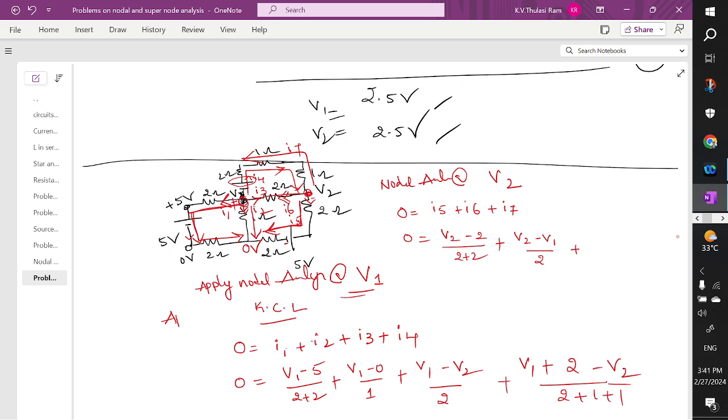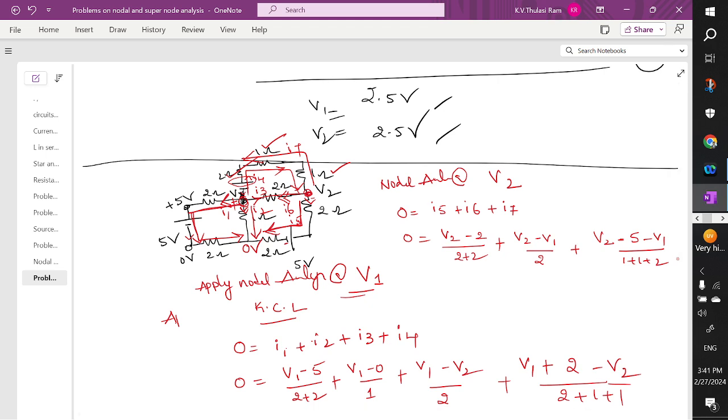How to write down the current I7 in this branch? High potential V2, the current is flowing like this, and it is leaving at the next terminal, which is minus. What is that voltage source? Minus 5, and somewhere it is leaving at this terminal, minus V1 divided by, what are the branches connected? 1, 1, 2, which is 1 plus 1 plus 2.